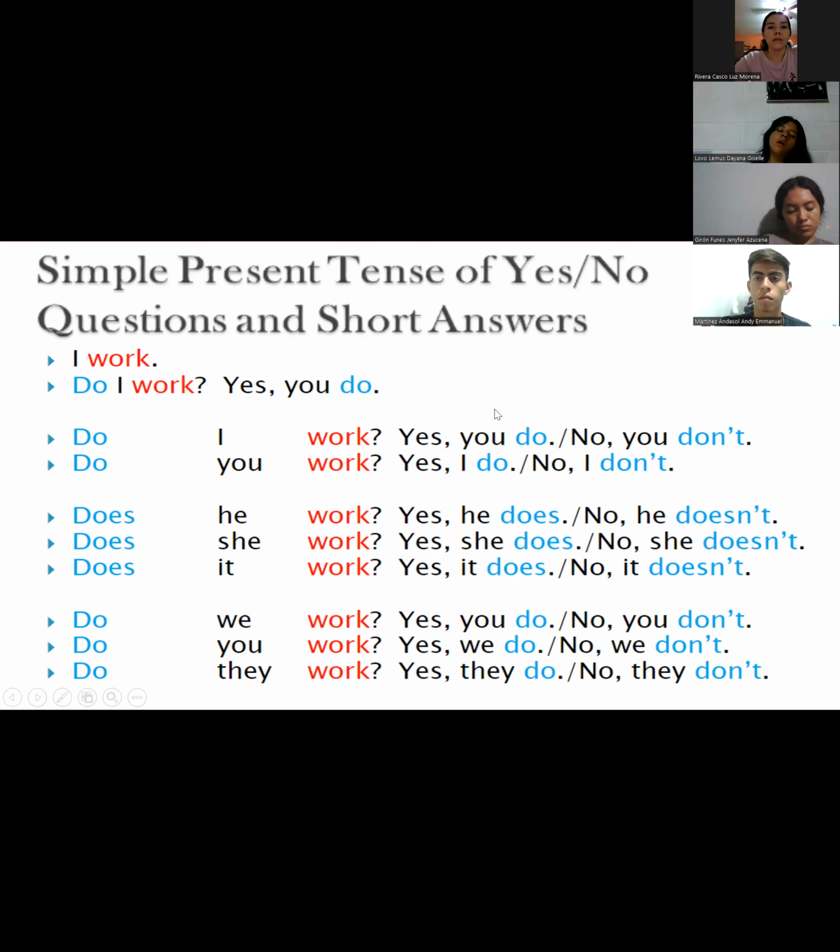So the answer is always yes or no. That's the reason this is called yes or no questions, because the answer is always yes or no. That's the only answer that you can give.